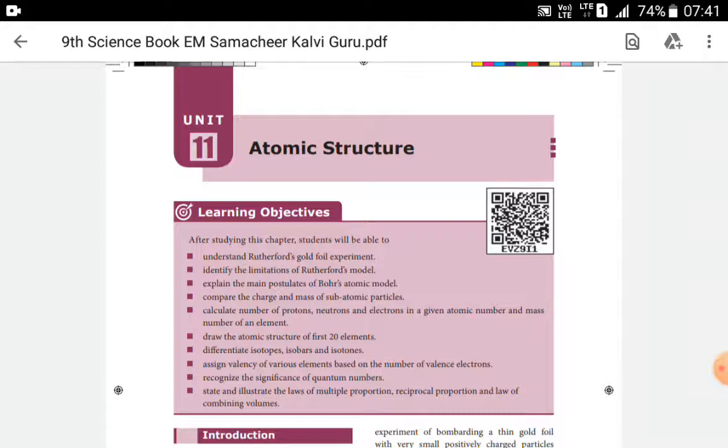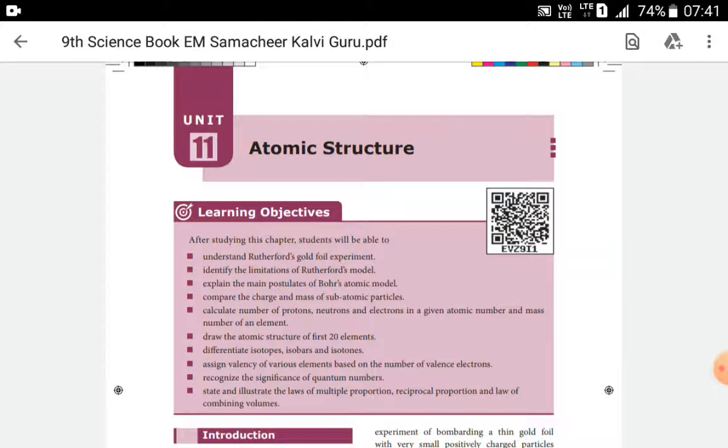We have learned sublimation, centrifugation, separating funnel method, distillation method, fractional distillation method, and paper chromatography. All this we have learned.